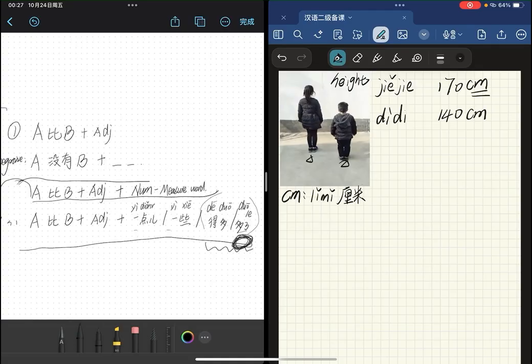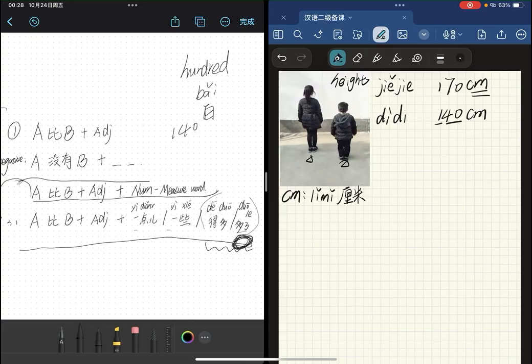Remember 100? We use 百. And 40 is 40, right? So it's 140厘米.